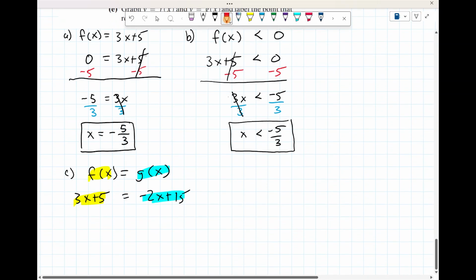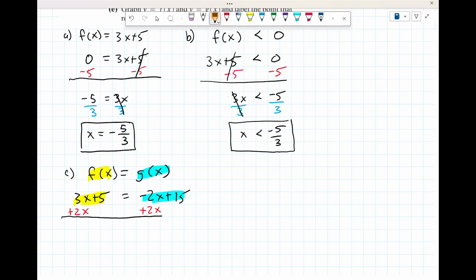I'm going to get rid of this 2x. So we have a variable term and a number term on both sides. So I always like to get rid of the smaller variable term in this scenario. So I'm going to get rid of -2x by adding 2x to both sides. It's not the only way to do this, but that's the way I prefer. 3x plus 2x is equal to 5x plus 5 equals 15.